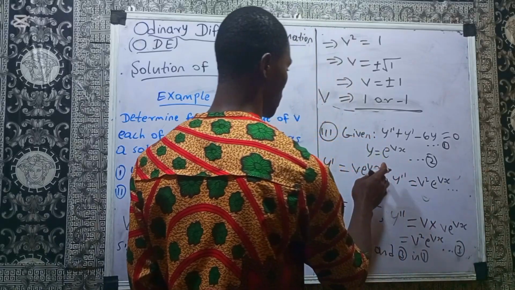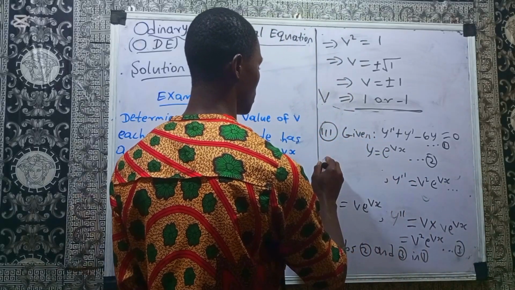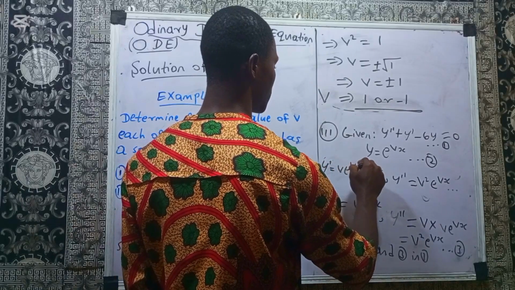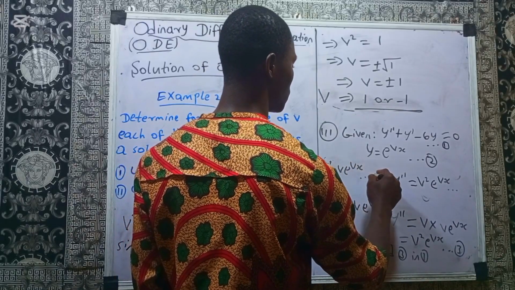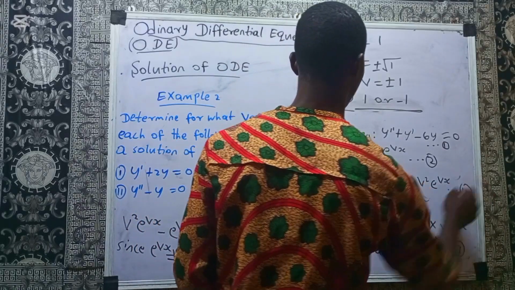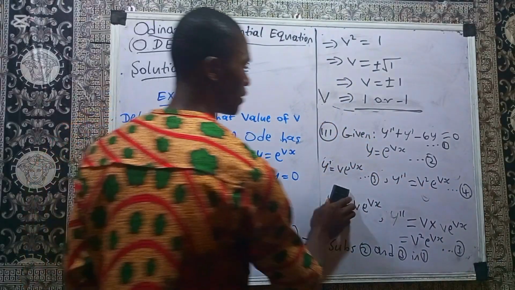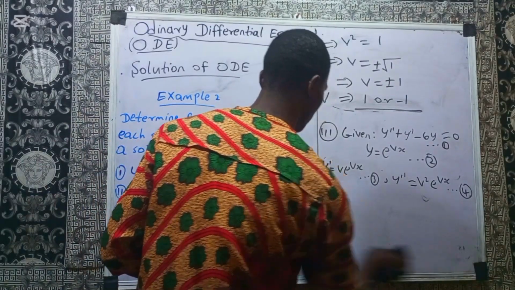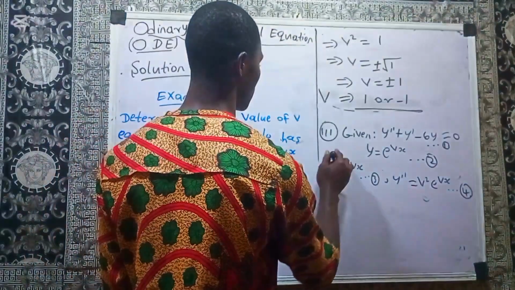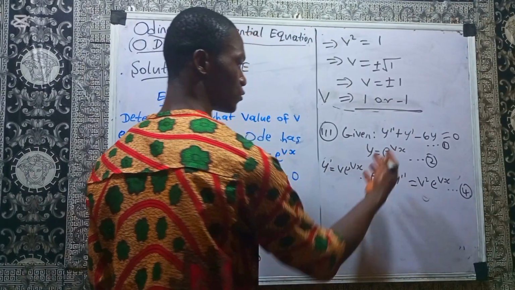Let me call this first one equation 1. y equals exponential vx is equation 2, y prime equals v exponential vx is equation 3, and y prime prime is equation 4. So we have gotten the respective derivatives. What do we do? Substitute, because the given function is a solution to the ODE.